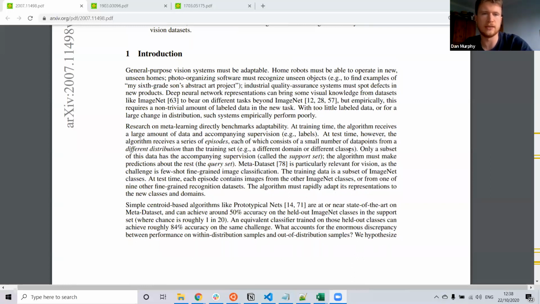First they start by introducing the issue, as I've just done, and then they move on to talking about the specific data set they're going to use, called metadata set. It's got ImageNet as the base, but it also has several other image classification data sets that are adjacent to ImageNet.